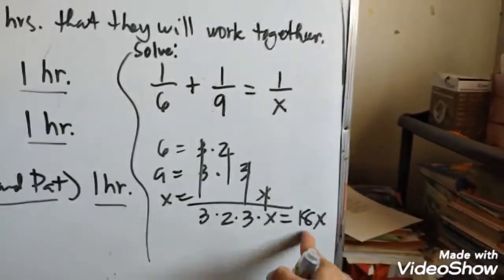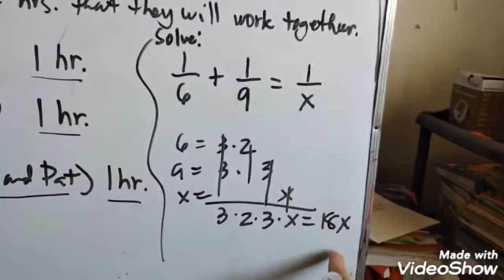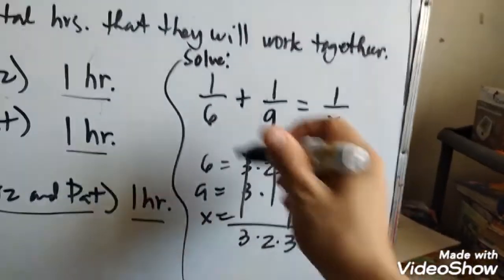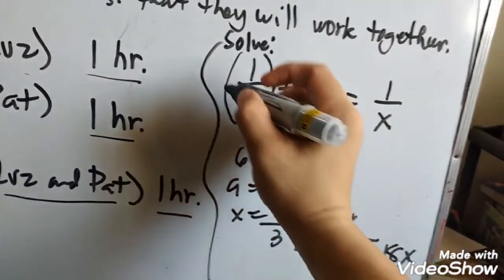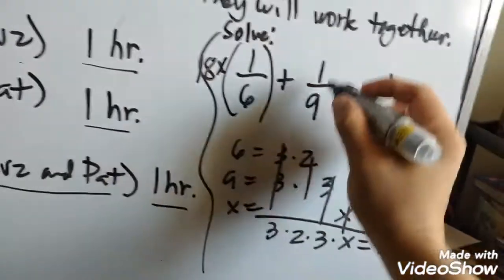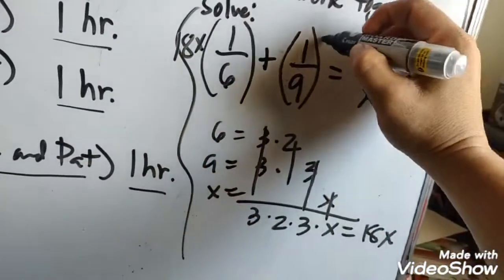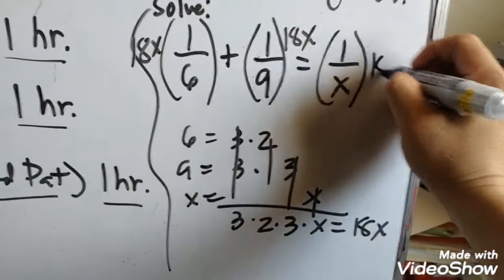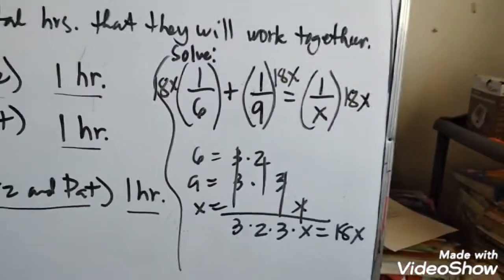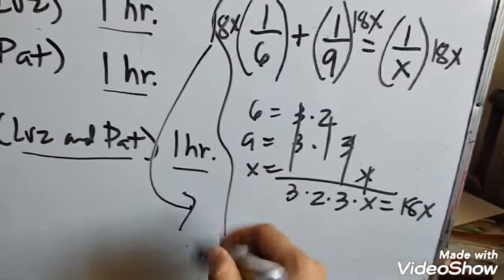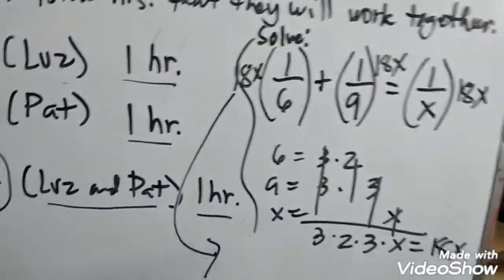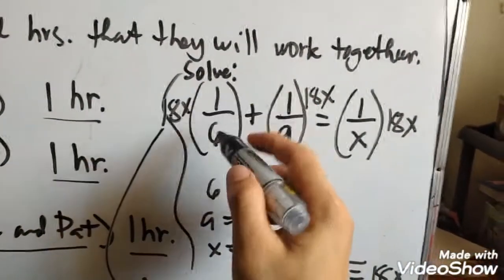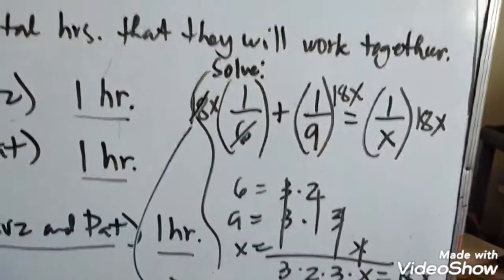So, we need to multiply all the terms by the least common denominator. So, i-times natin ito ng 18x. Ita-times din natin ito ng 18x. At ita-times din natin ito ng 18x. So, dito na tayo mag-solve. Okay, so what will be the result? 18x times 1 over 6, cancel lang 18 tsaka 6.